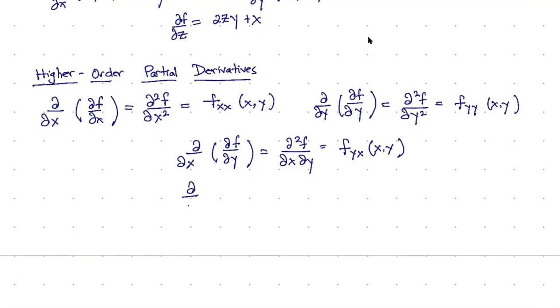Similarly, you could do the reverse. You could take the partial with respect to y of the derivative of f with respect to x, and you would end up again with a second derivative, dy dx, or fxy of xy.